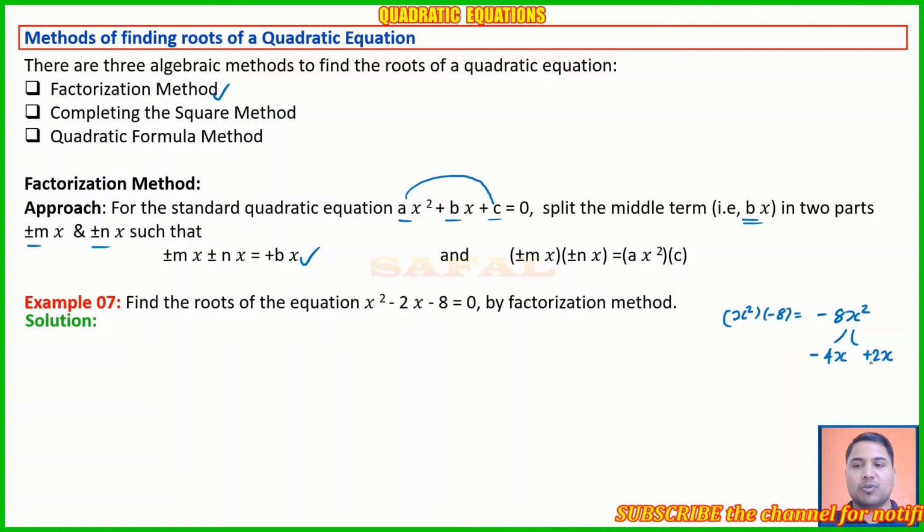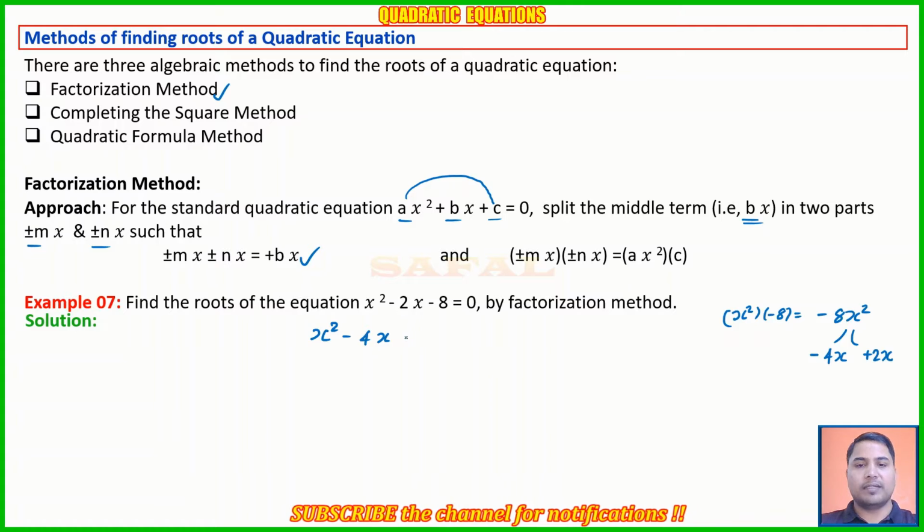Because when I add minus 4x plus 2x, I get minus 2x, which is the middle term. Okay? So now I am going to split the middle term. So x square minus 4x and plus 2x. This constant term minus 8 will remain intact as it is.